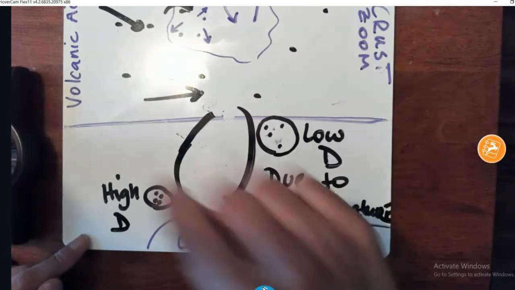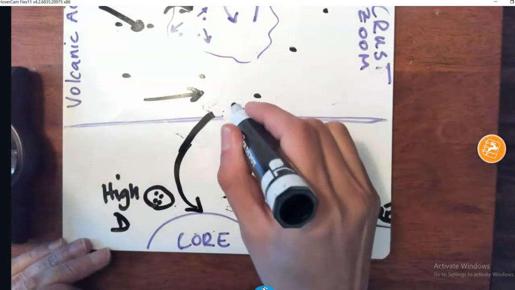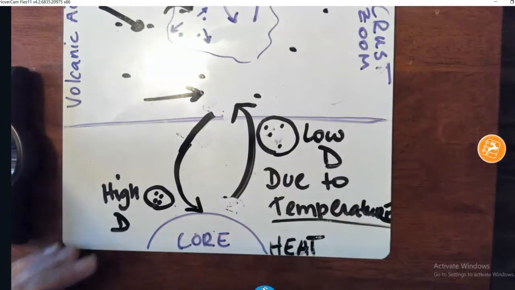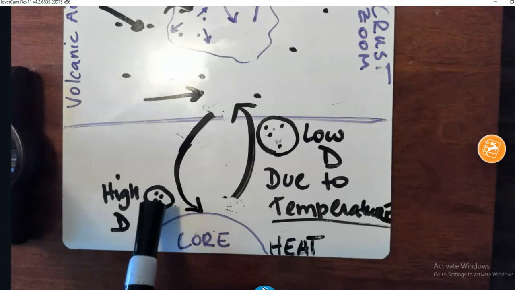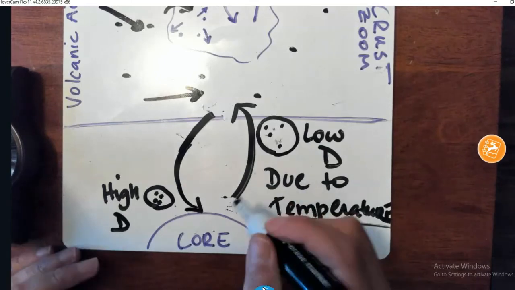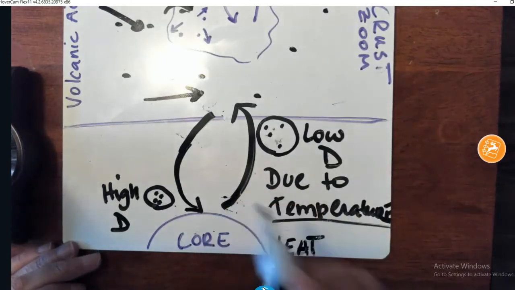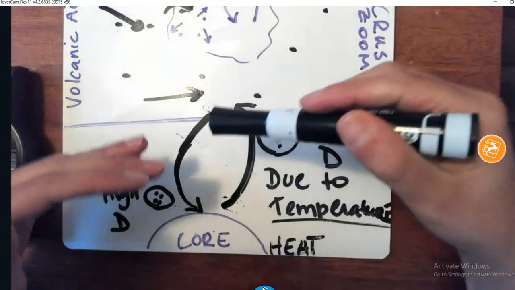That's why it's important to go back to the key. High density sinks, low density rises. High density, showing here, is compact together. High density sinks, low density rises, and the reason it changes in density is because of the temperature. Good.